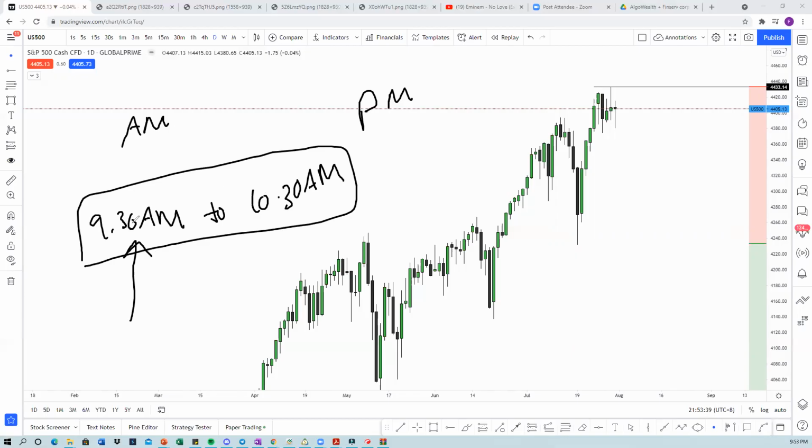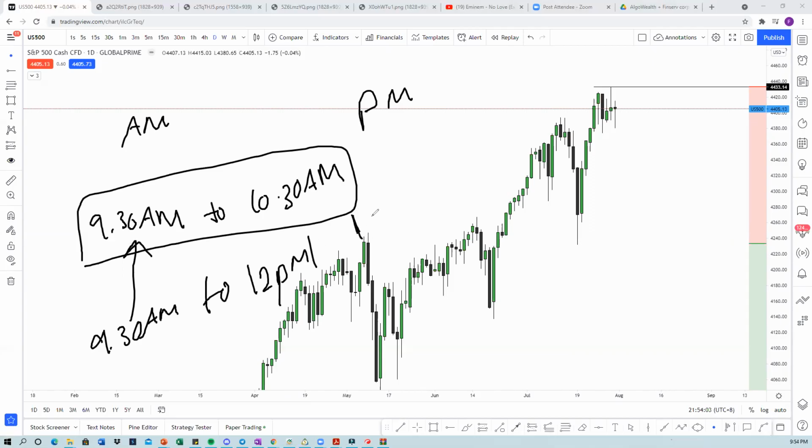This is your true day open for indices, and you want to operate between 9:30 a.m. to 12 p.m. Then from 12 p.m. to 1 p.m. you have lunch break, so call this a gap here.